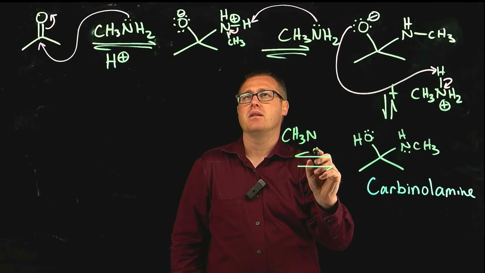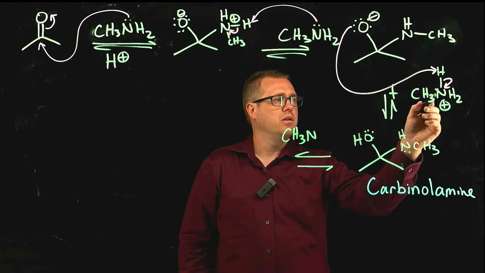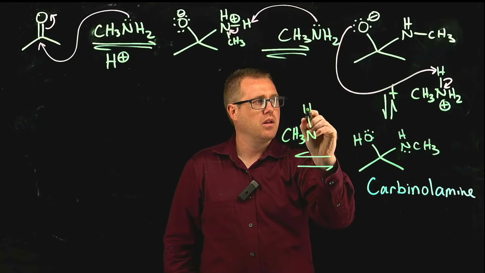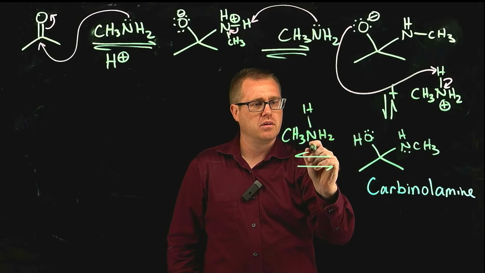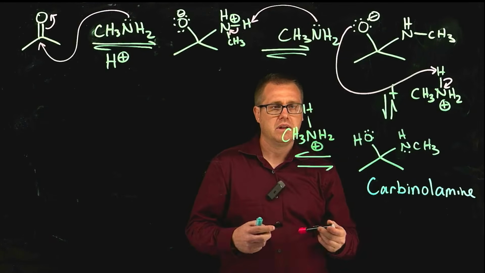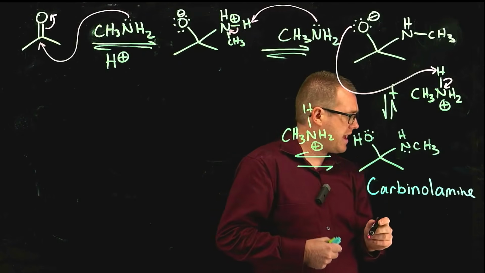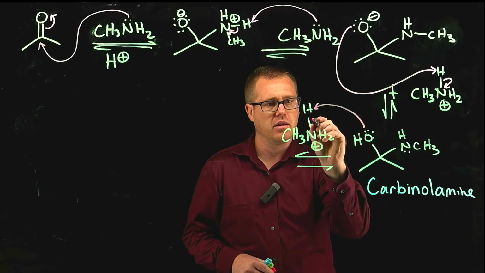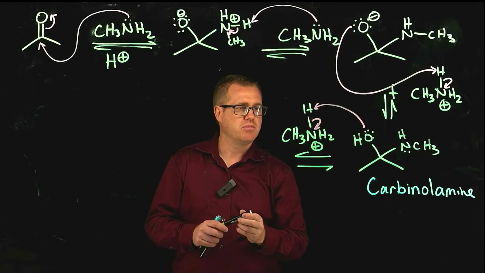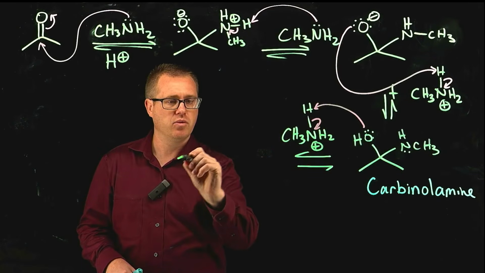Let's see here. That one has 1, 2, 3, 4. So what we can do here is this is going to come and grab that proton so we can protonate that and turn it into water.